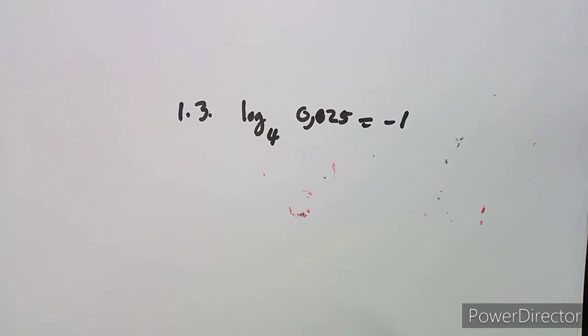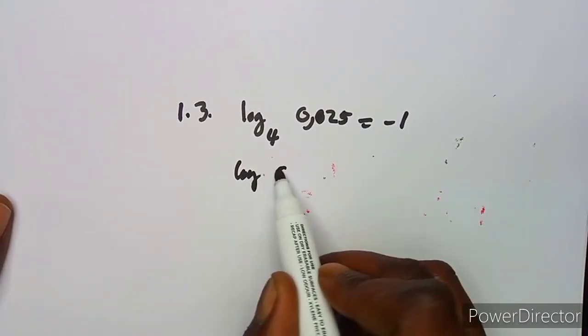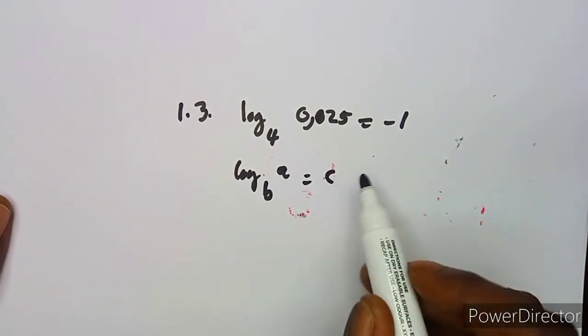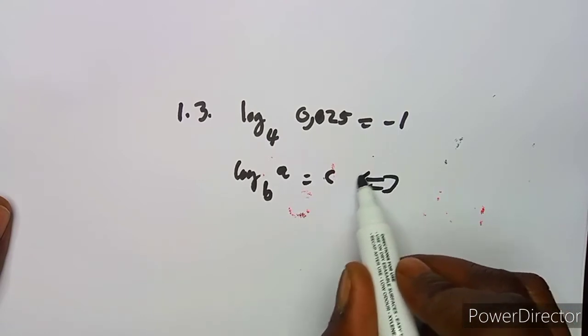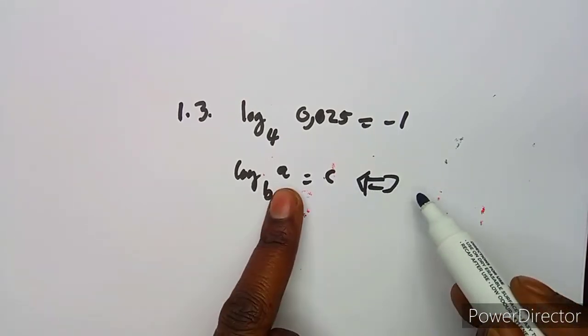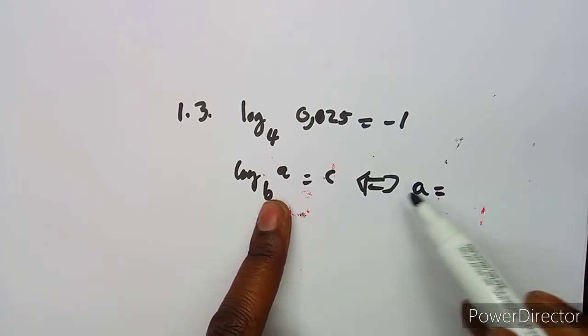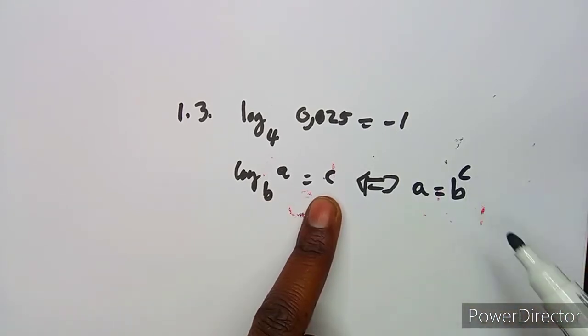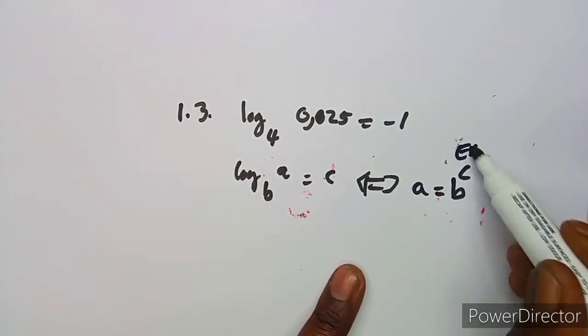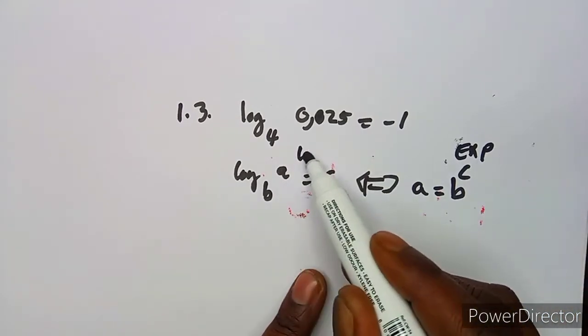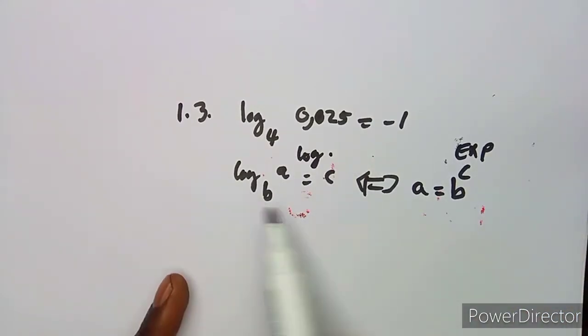So remember, guys, I talked about the relationship between the log form and the exponential form, which can be written as A is equivalent to B to the exponent of C. So this is exponential form and this is log form. So we've got the same thing here. As we can see, it's just a matter of changing.